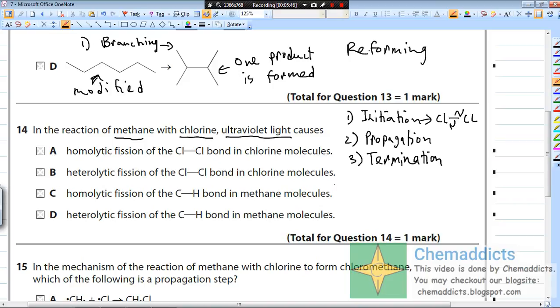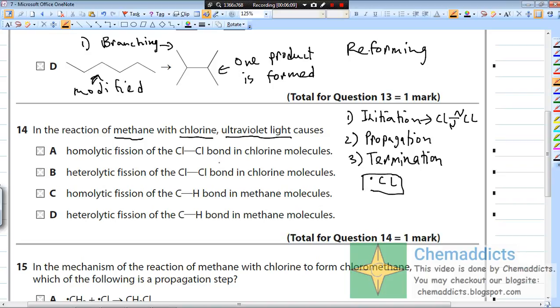Okay, so in the initiation step we know that ultraviolet light causes the homolytic fission of the chlorine bond to form chlorine free radicals.